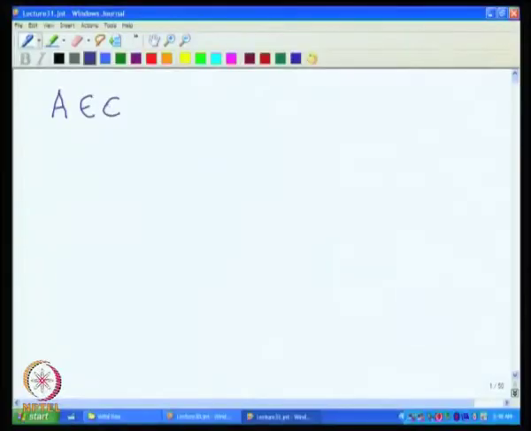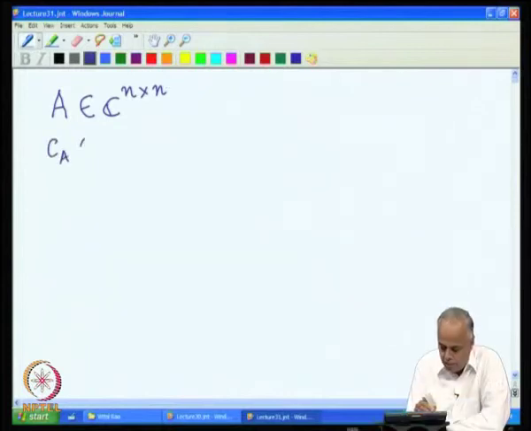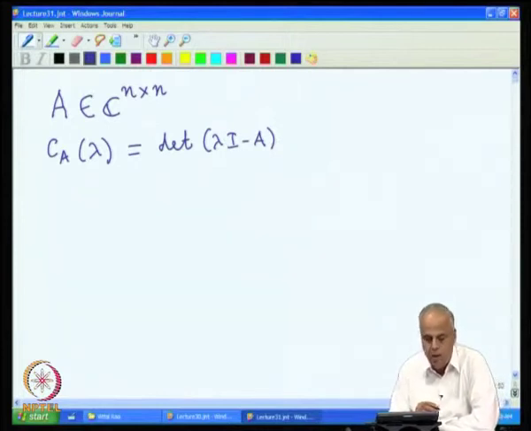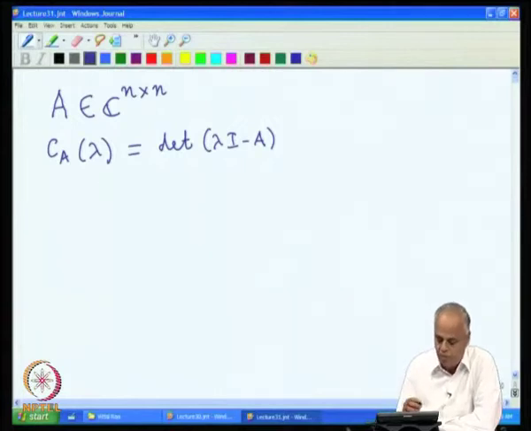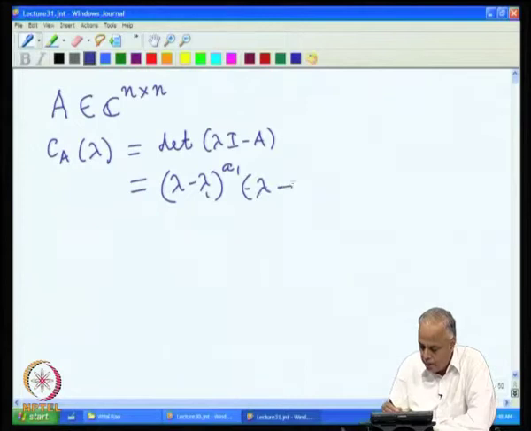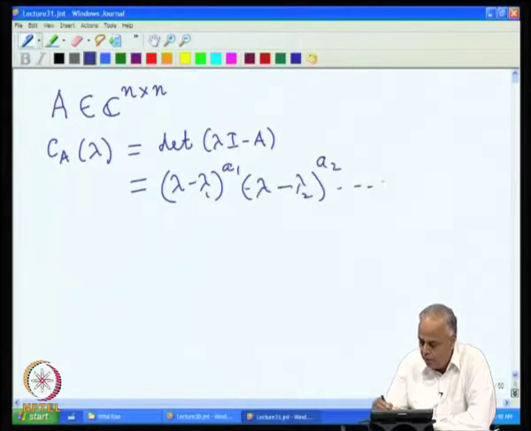We have been looking at the notion of diagonalizability, and we found that if A is an n by n matrix, then the characteristic polynomial was defined as the determinant of lambda I minus A, and this is a polynomial of degree n. Since we have assumed everything over the field of complex numbers, this can always be factorized as lambda minus lambda 1 to the power of A 1, lambda minus lambda 2 to the power of A 2, and lambda minus lambda k to the power of A k.